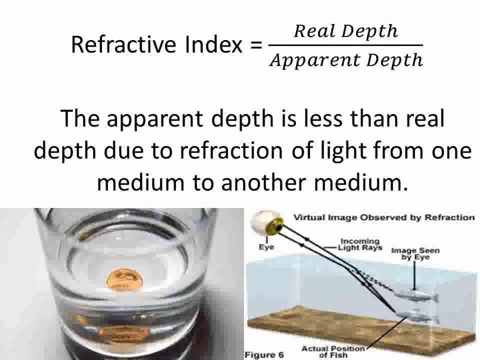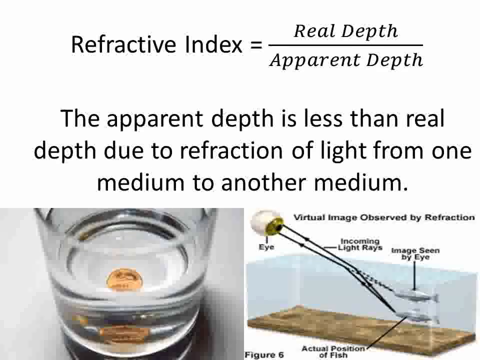Class diagram: we are observing a fish inside water. The real position is at the bottom, but the appearing position is above it. That is not the real position, due to refraction of light. The rays coming from the object, the fish, from water to air move away from the normal and in the backward direction.